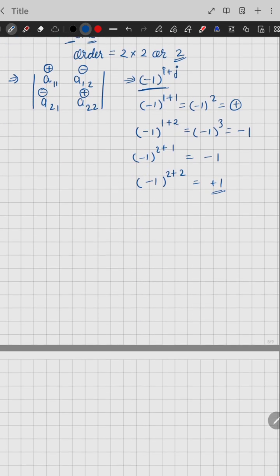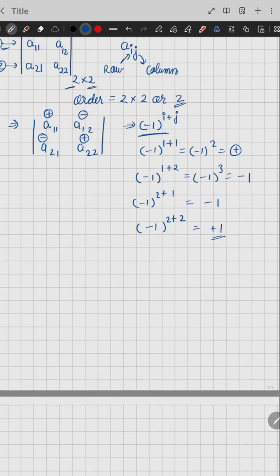You should remember. Now, when we have to calculate the determinant, we multiply the first element like A11 and use the positive sign and multiply it to A22. That is, the value of determinant, let's suppose it is A. The value of determinant is equal to A11 into A22 minus, because here is the minus sign, A12 into A21.